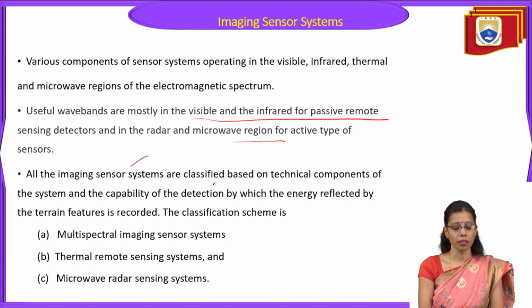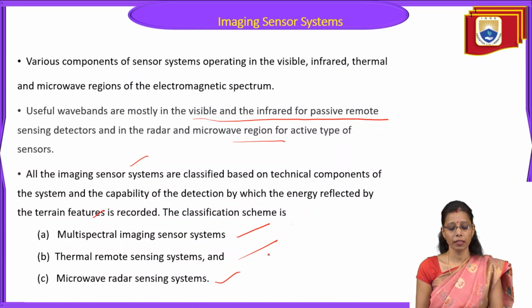All the imaging sensor systems are classified based on the technical components, the system, and the capability of detection by which the energy reflected by the terrain features is recorded. This classification scheme gives the multispectral imaging sensor system, thermal remote sensing system and microwave radar sensing system.